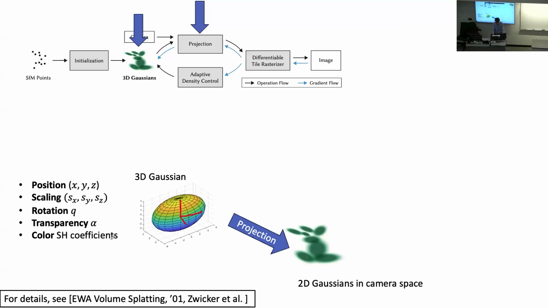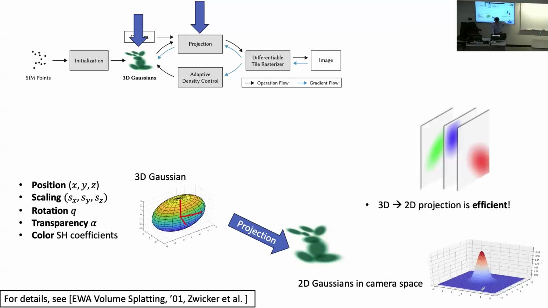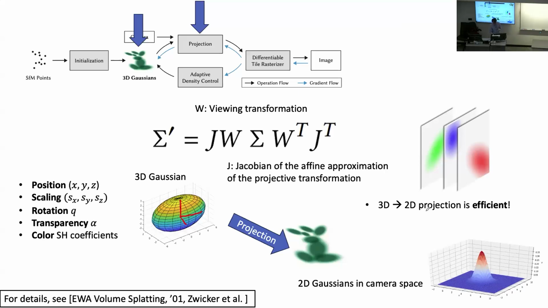And as I mentioned, once we have our 3D Gaussian splats floating around in 3D space, there's an efficient way to project these 3D Gaussians into 2D view space, in 2D camera space, based on our view. And as I already mentioned before, each of these Gaussians is essentially a scalar function in view space or in camera space. And the main point is that this 3D to 2D projection is very efficient, because usually there's a matrix that works for us in computer graphics to change our perspective about stuff.